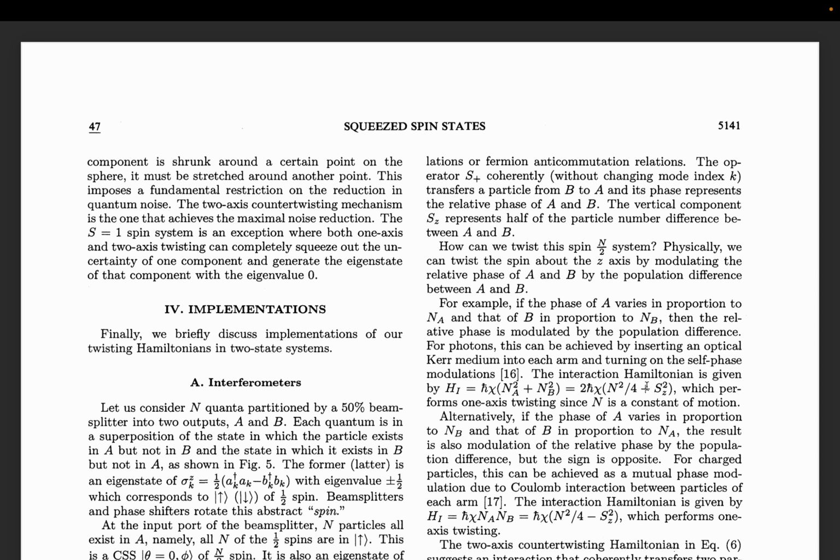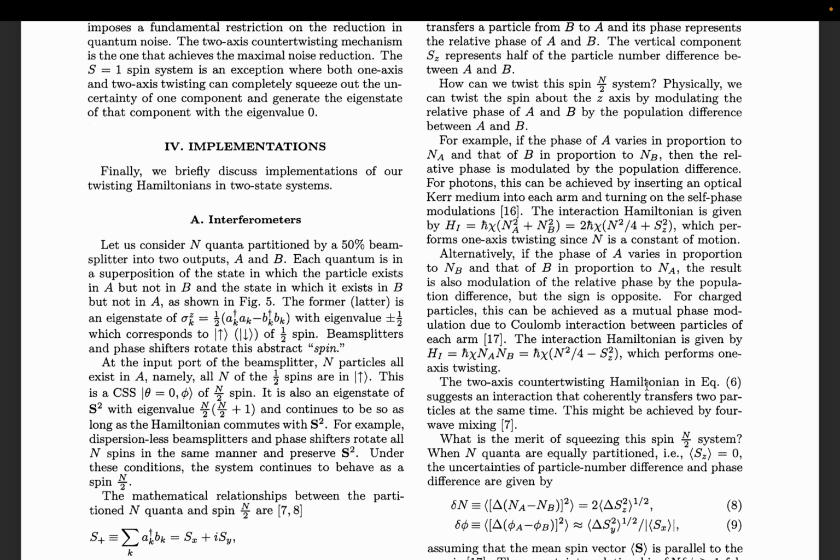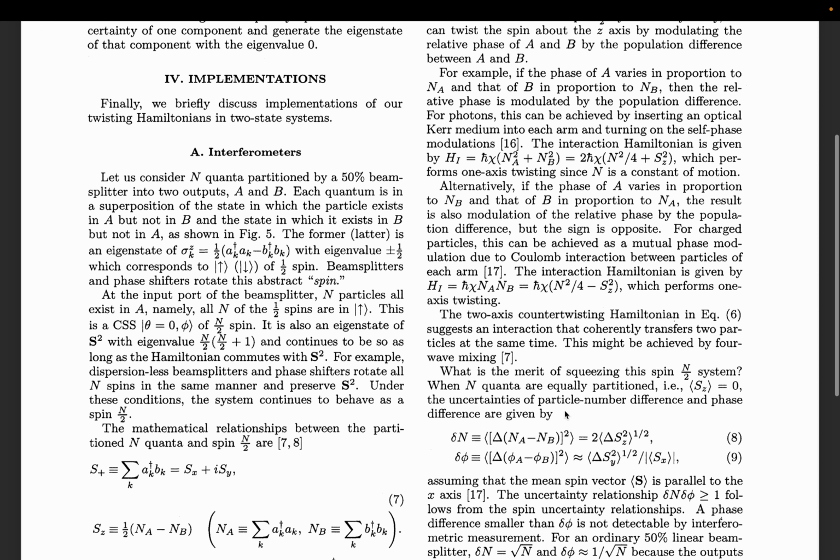Consider n quantum particles partitioned by a 50% beam splitter, which gives two outputs A and B. In this output, each particle is in a superposition state in which either it exists in A, not in B, or it exists in B, not in A. The input is n spin half particles, which constitutes a coherent spin n by 2 system, and it passes through the 50% beam splitter and is equally partitioned as A and B. The uncertainties for particle number difference and phase difference are given in equations 8 and 9.